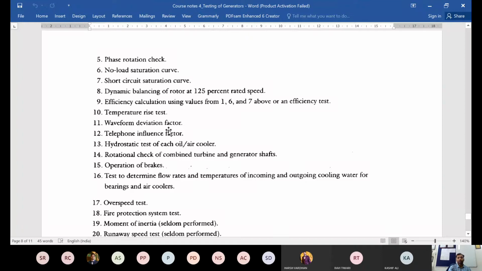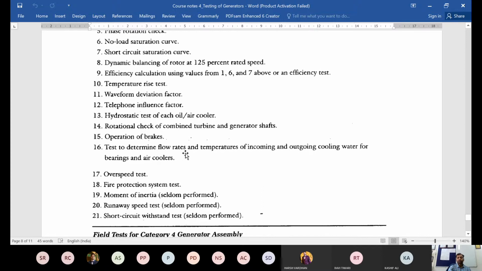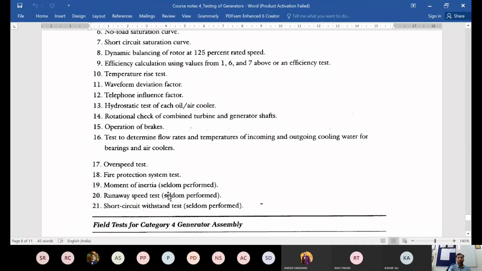Temperature rise test, waveform deviation factor, TIF, hydrostatic test, rotational check, operation of brakes, test to determine flow rates and temperature of incoming and outgoing cooling water, overspeed test, fire protection system test, moment of inertia, runaway speed test, and short circuit withstand test. These last three are not so common.